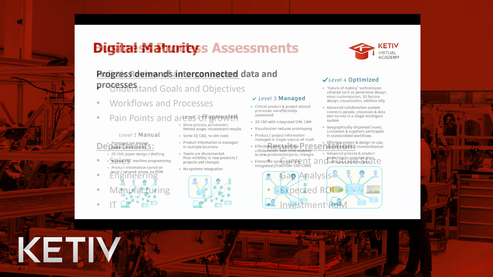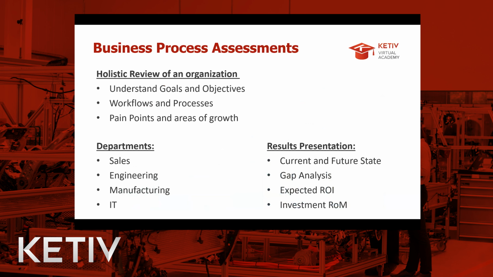And part of that is a business process assessment. This is honestly one of my favorite things to do with a company. We sit down and we have a real holistic review of the entire organization. So we look at goals, objectives, and map out data flows, data threads, workflows, processes, how everything's moving around. Areas like pain points, areas of growth.